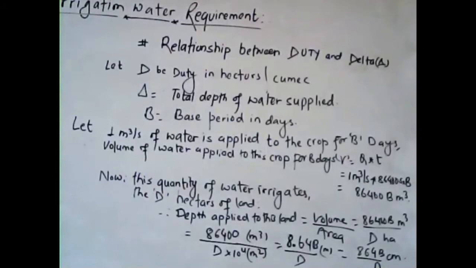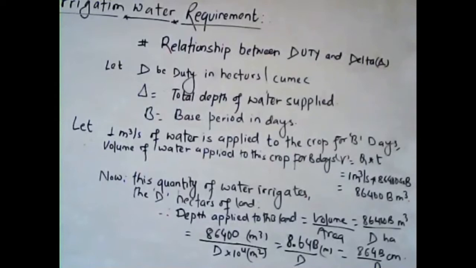Now we know the area, and we also know the volume. So the depth of the land to be irrigated can be easily found out by volume by area. In this case, volume is 86400 into B, divided by D hectares of area. We know that 1 hectare comprises 10 to the power 4 square meters of area. So 86400 B by D into 10 to the power 4 square meters.